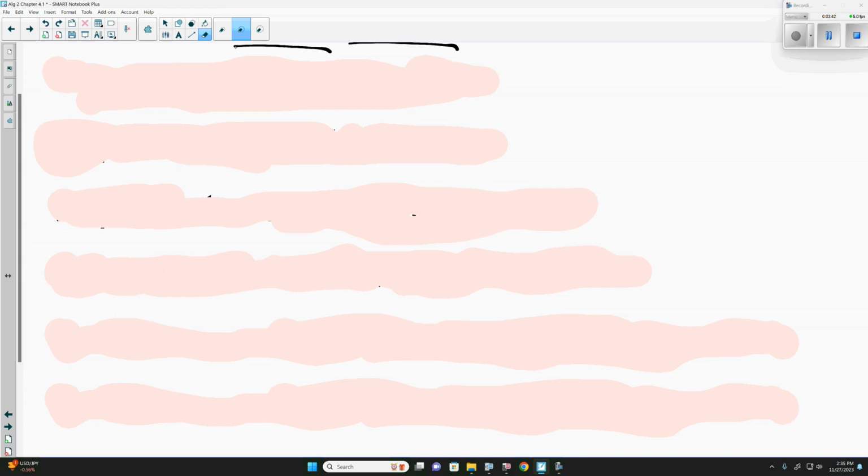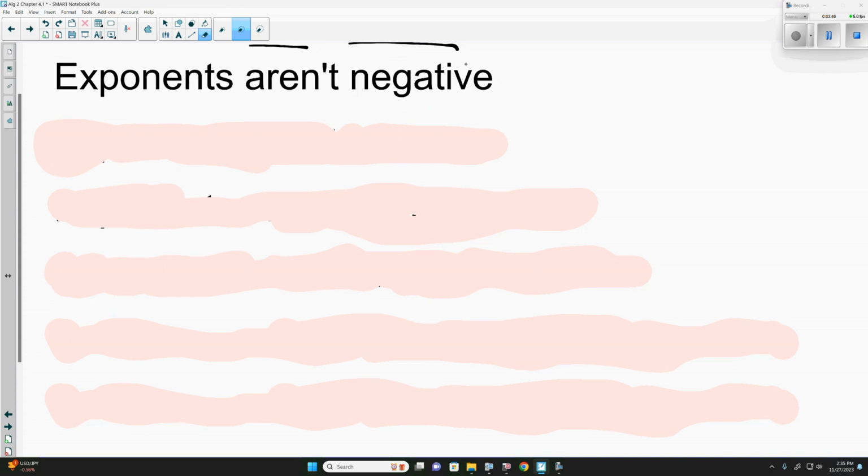And one thing a polynomial function will not have is a negative exponent. So the variable cannot have a negative exponent. So exponents aren't negative. So an example of this would be x to the negative 1. We cannot have a negative exponent attached to a variable.